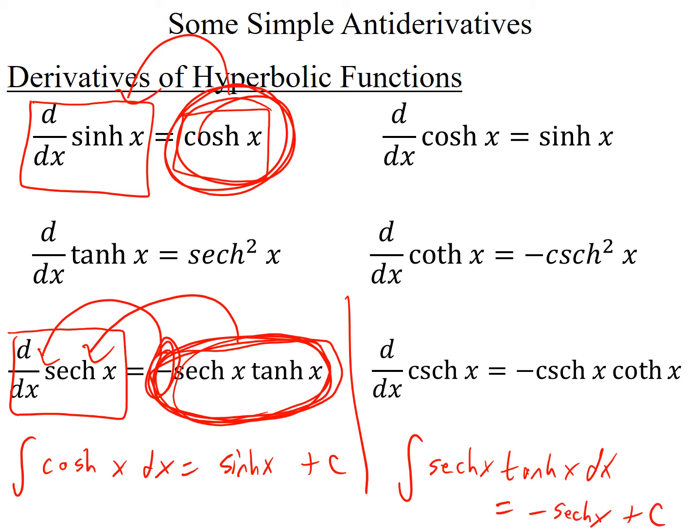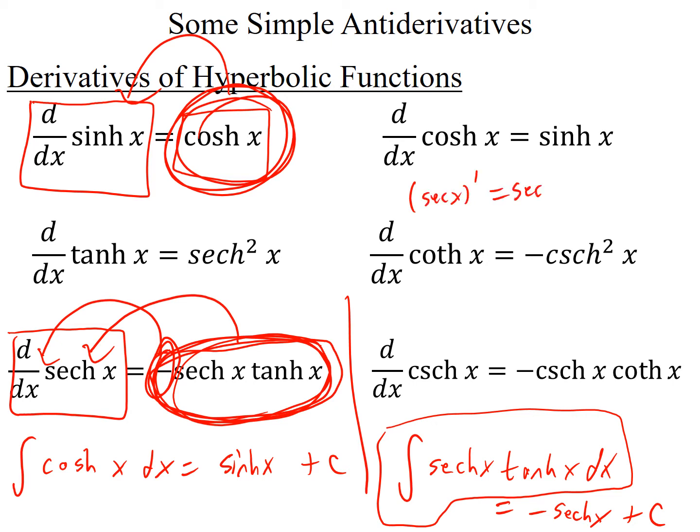So you see, again, the more derivatives you know, the more antiderivatives you know. You look at this and you go, oh, well, secant tangent, hyperbolic secant, hyperbolic tangent, that looks like the answer to some derivative of a hyperbolic function. And you can go back and look it up. You can also use the trig functions to give you an idea. If you have the trig ones memorized, you know the derivative of secant is secant tangent.